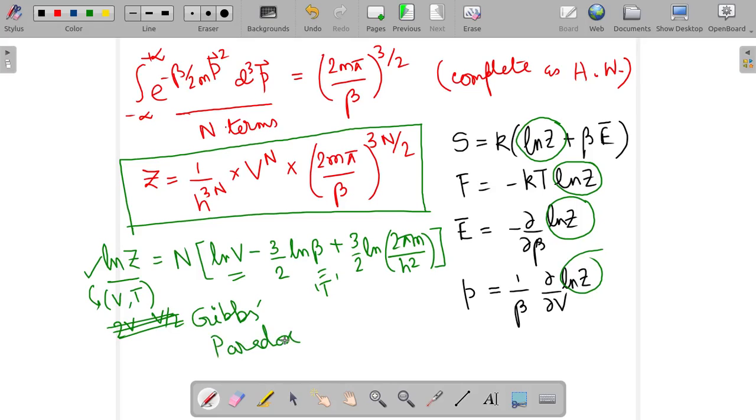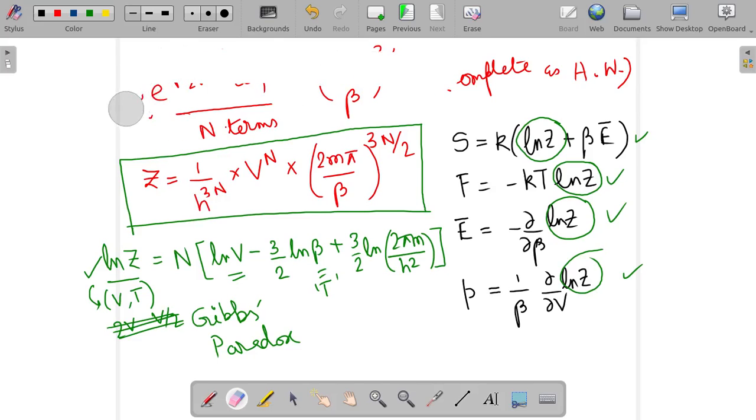Anyway, that will be covered in my next lecture. For now we have got log Z. Now applying all these formulas nicely, one by one we will get our desired results.